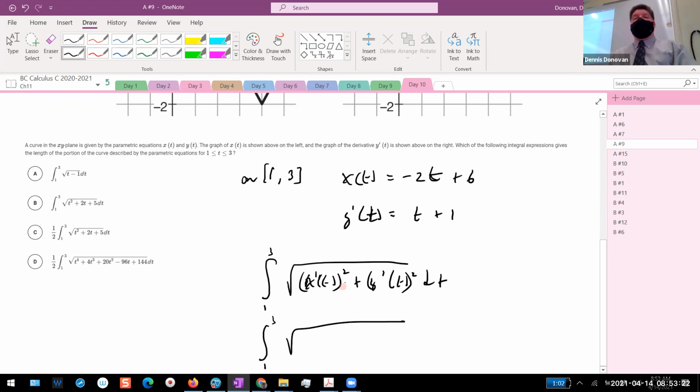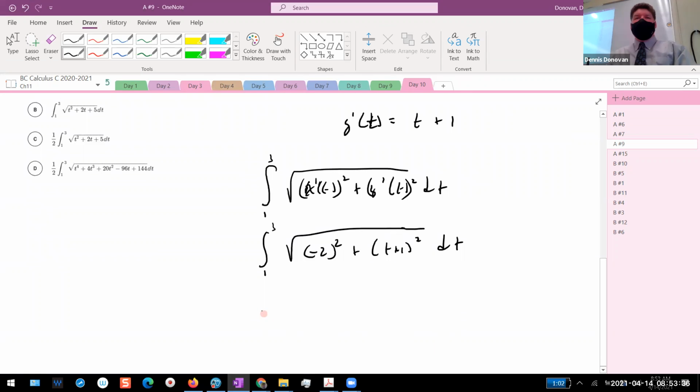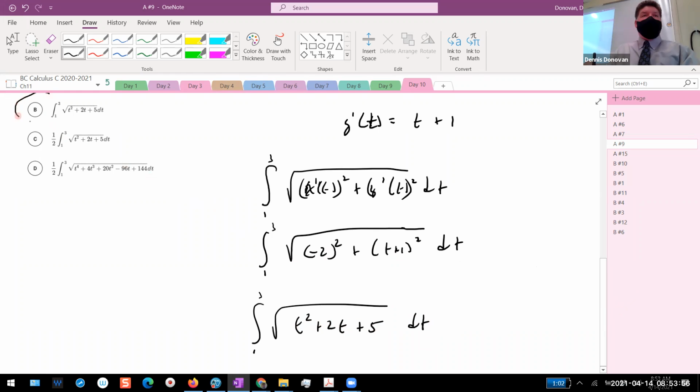The derivative of x is -2, so that's -2 squared plus t plus 1 squared, which it looks like they've simplified, so we have to do a little bit of algebra now. So t plus 1 squared is t squared plus 2t plus 1. And then that's plus 4, so t squared plus 2t plus 5. I don't think you can do anything with that. And there it is, B, right?